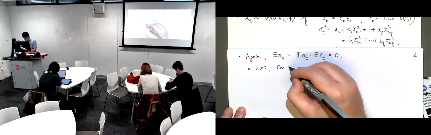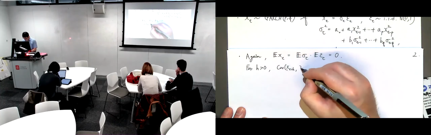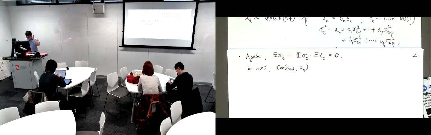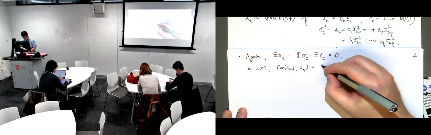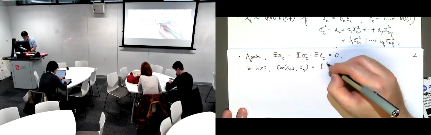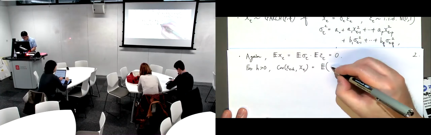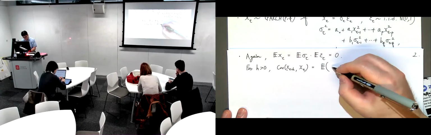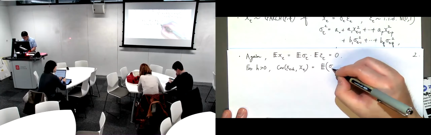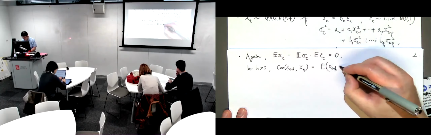And for a lag h which is positive, what is the covariance of x t plus h and x t? Well, it's basically the same. We expand the one that has the larger time index, x t plus h.